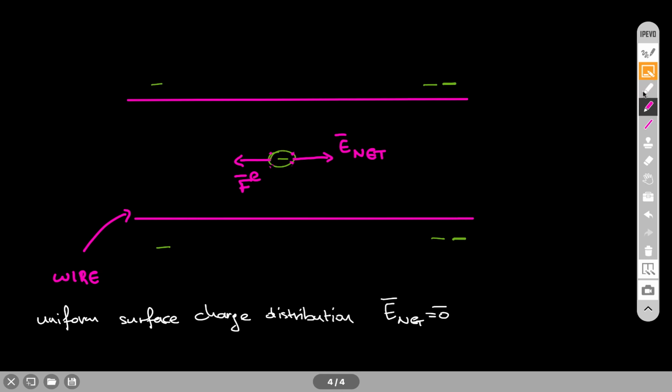So the key to having a non-zero net electric field inside your wire is to have a non-uniform charge distribution.